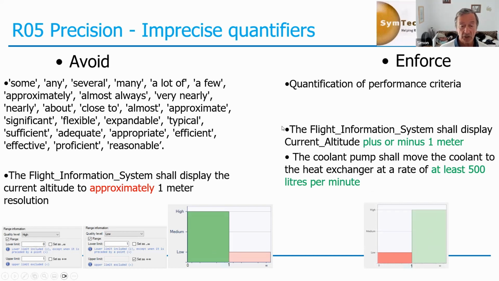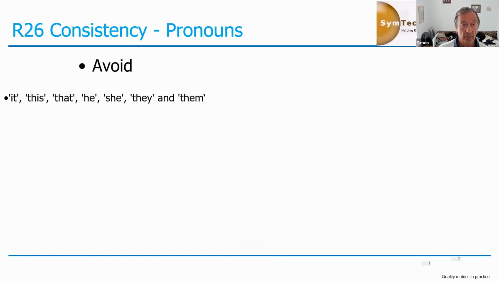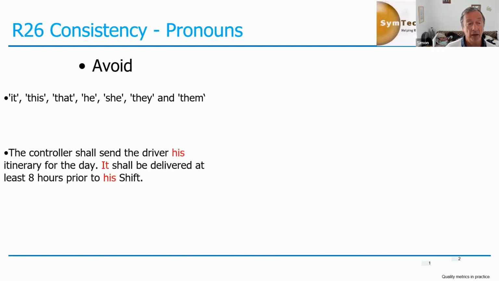Now, it's not just a binary good, bad. We can also think about having a medium. Now, rule 26, pronouns. You should not have pronouns. So, the controller shall send the driver his itinerary for the day. It shall be delivered at least 8 hours prior to his shift.